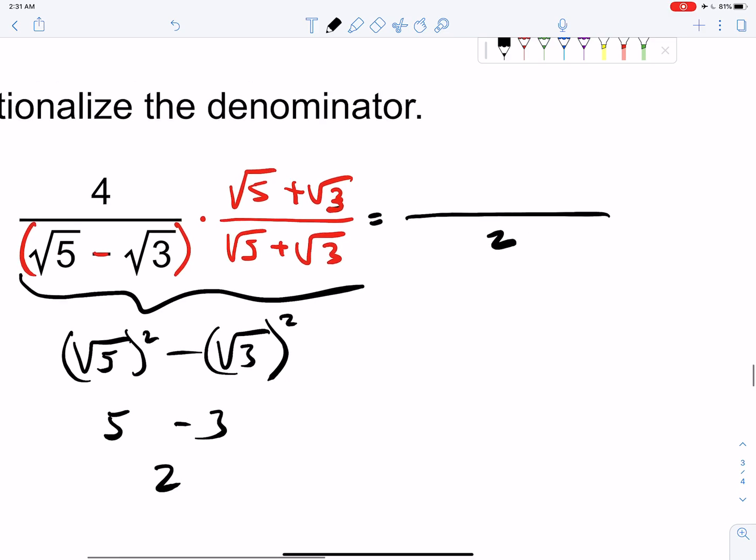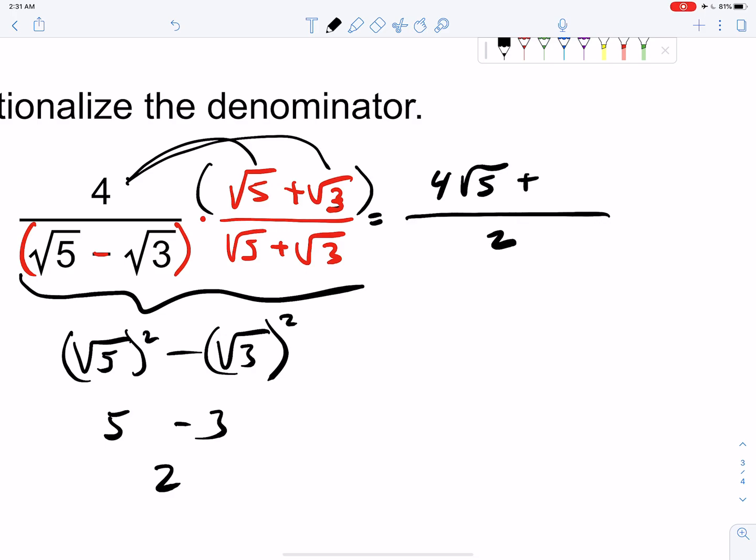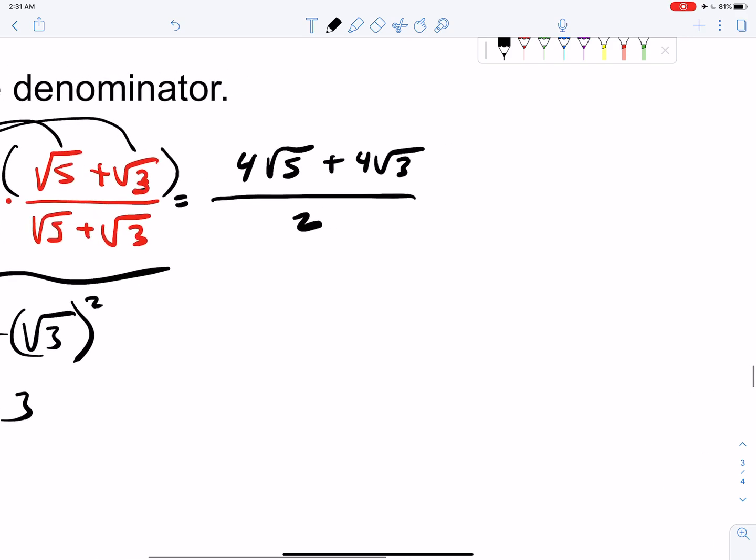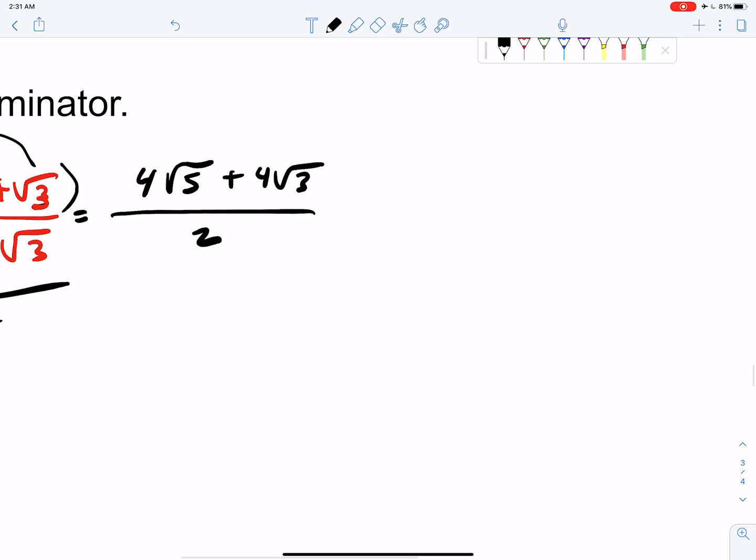Now up top here, we're going to have to distribute. 4 times root 5 is just 4 root 5. 4 times root 3 is just 4 root 3. Yes, there is something we can reduce. Now, I do want to say something. Some books will break this down this way, and you might prefer this.